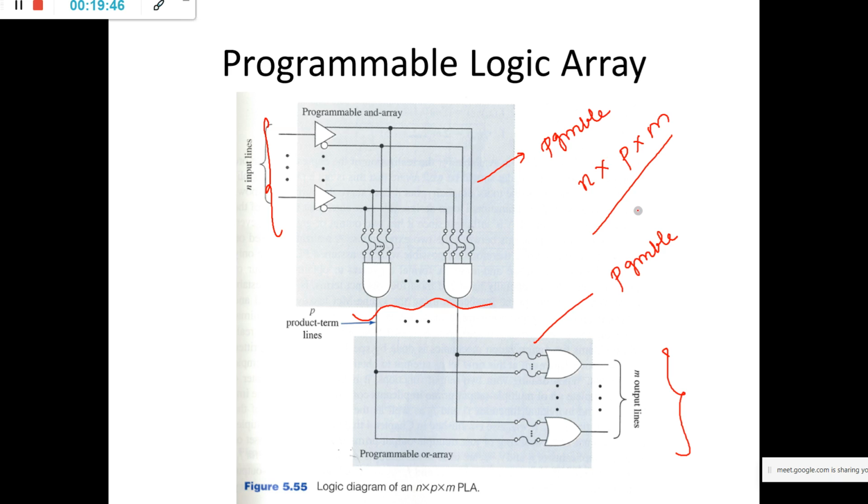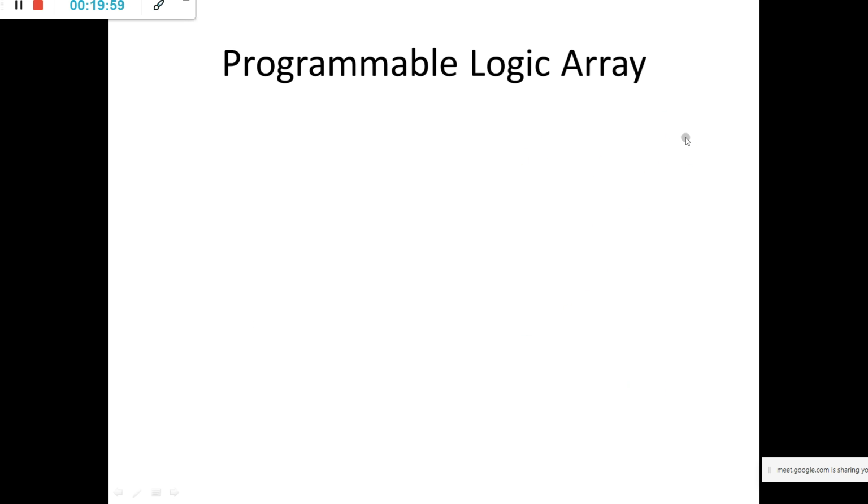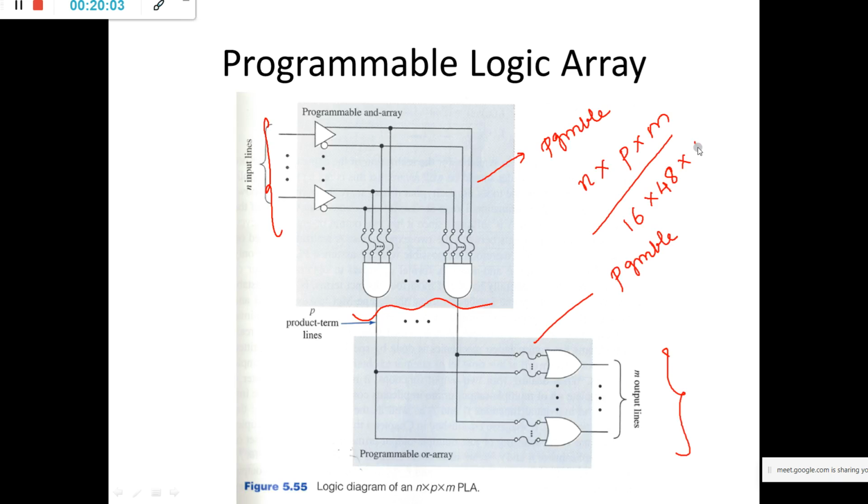We have a typical PLA size of 16 cross 48 cross 8. 16 is the number of inputs, 48 is the product terms, 8 is the number of output lines.